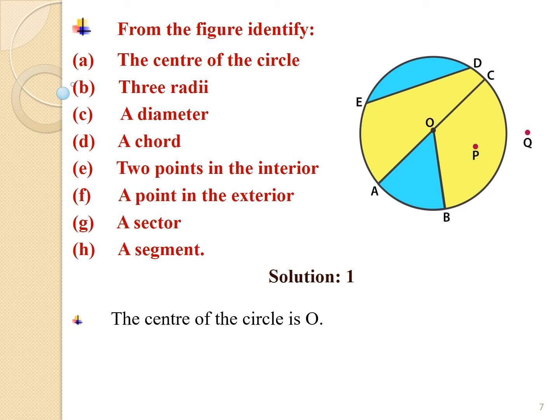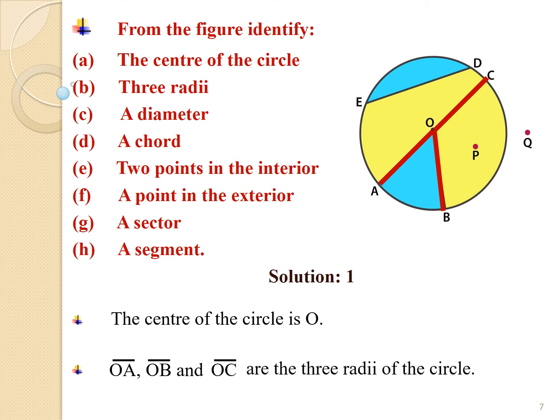Now B, line segment OA, line segment OB and line segment OC are the three radii of the circle.